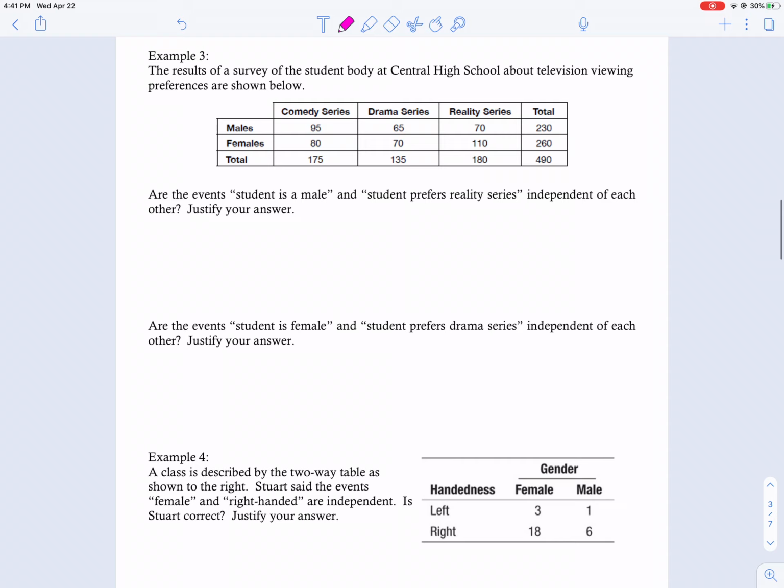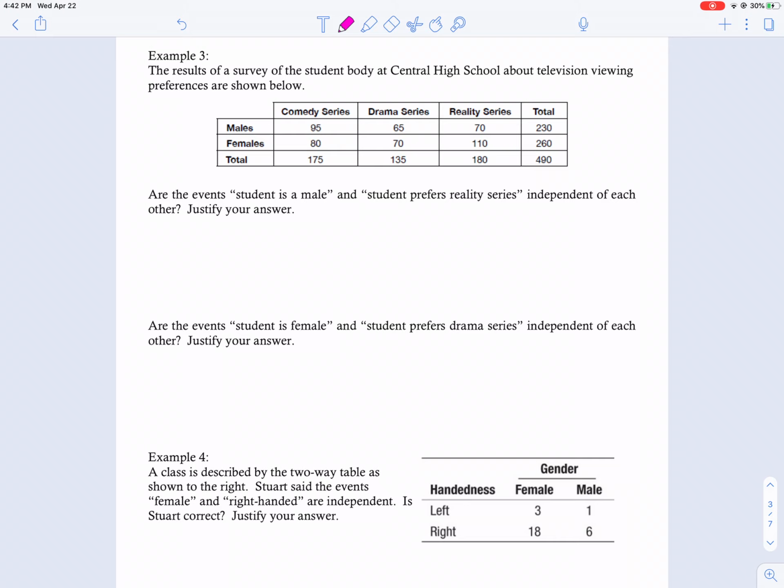Let's try another. Let's look at number 3. In number 3, we're talking about a survey, student body at Central High School about television viewing preferences. Okay, so the first question is saying, are the events student is a male, and student prefers a reality series independent of each other?